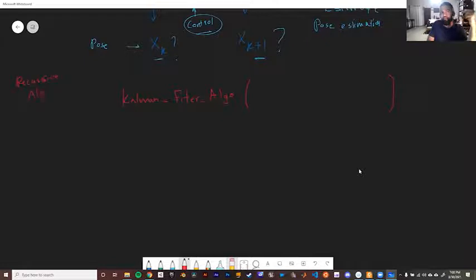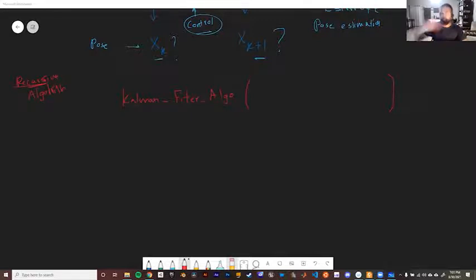So can anyone explain what recursive is? Does anyone know what a recursive algorithm is? Something that happens over and over again. Kind of. In a recursive algorithm, you take the previous step's answer to find the current step, and then you use that current step as the previous step in the next step.